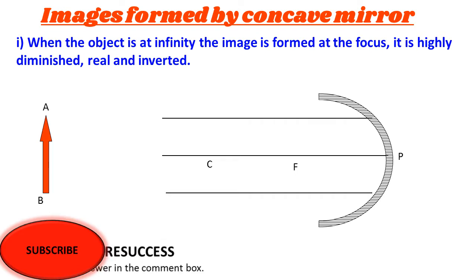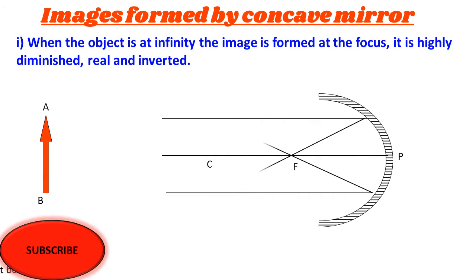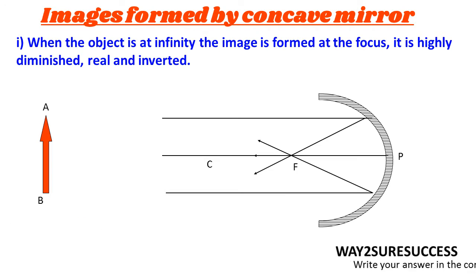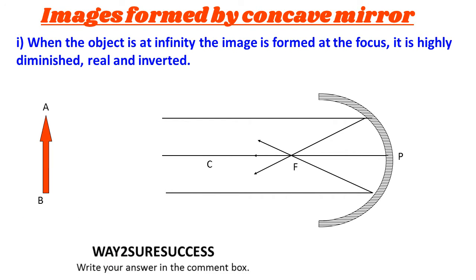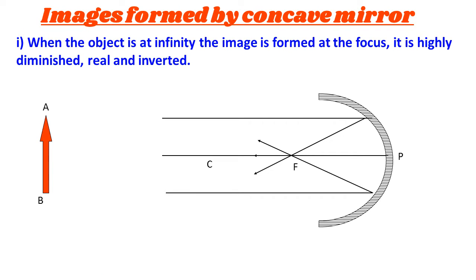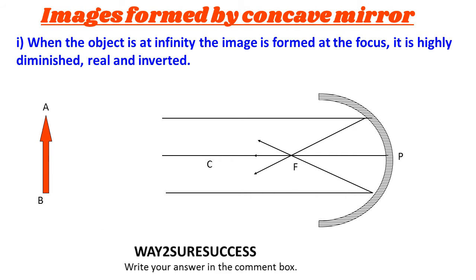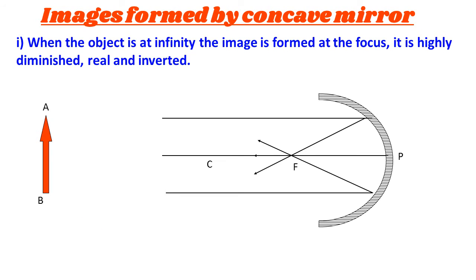So the image will be formed at focus, and it will be very small, that is highly diminished, and it will be real and inverted. Why real? Because it is forming in front of the concave mirror. And if we see the diagram, in this case we can observe the image is formed in the opposite direction of the object, that is inverted.